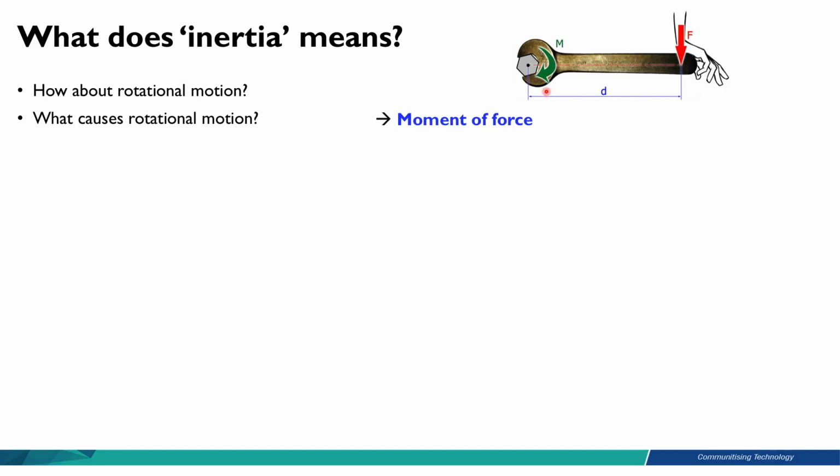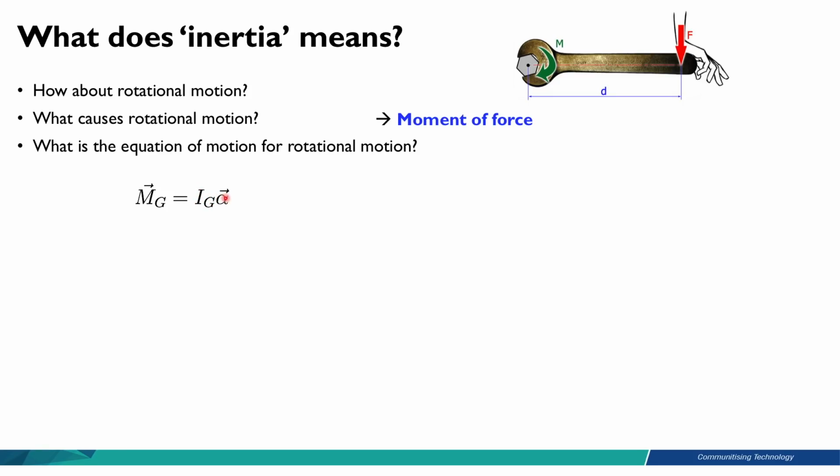That is known as the moment of force. So what is the equation of motion for rotational motion? It is given by this equation: M_G, the moment of force about the center of gravity G, is equal to I_G times alpha.